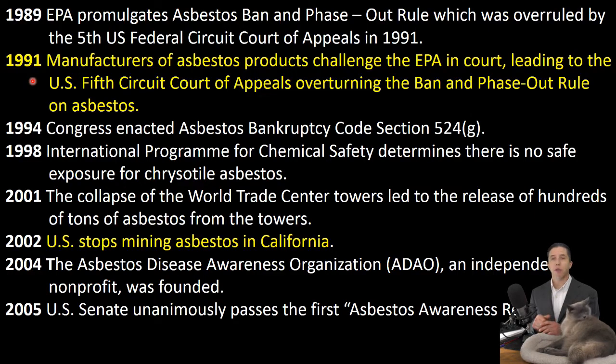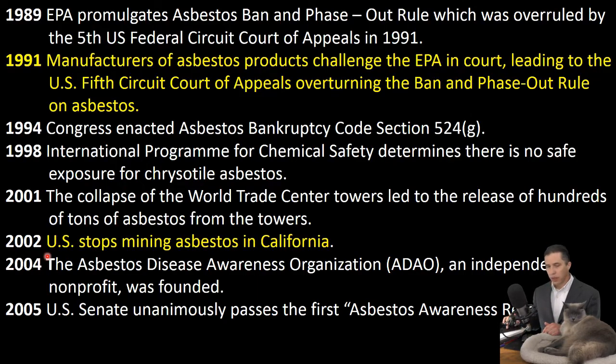And they got them to throw out some of the rules regarding asbestos. Okay, so the companies that are mining this stuff are fighting against these regulations. So as time goes by, though, eventually the regulations win. In 2002, we finally stopped mining asbestos in California. Now we're about 100 years past when the first studies were showing that it's a very dangerous thing to breathe.